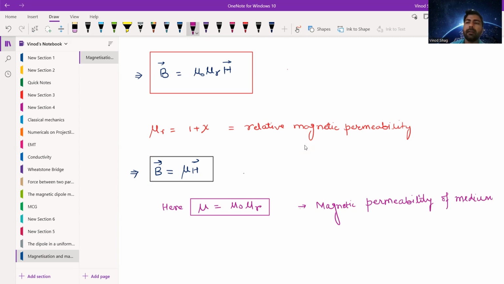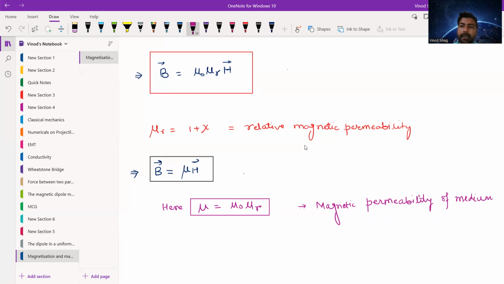For example, if for any medium the relative permeability is 2, then the value of mu will be 2 mu naught. It is not always mu naught. Sometimes students get confused. The equation is not always B equals mu naught times H vector. B vector equals mu naught times H vector holds when there is a vacuum, or free space, only then it is possible.